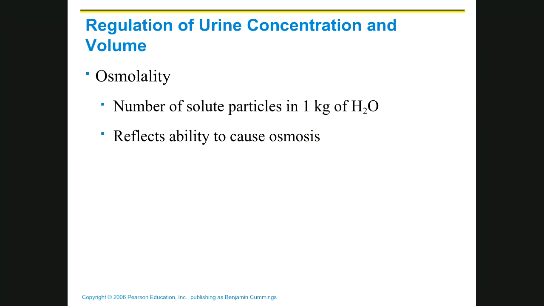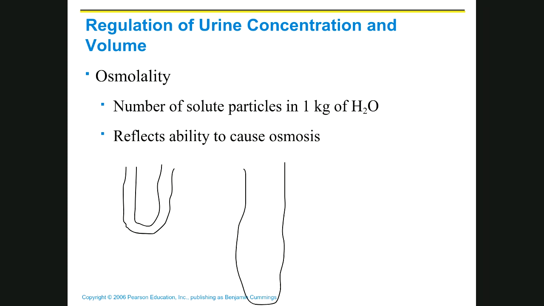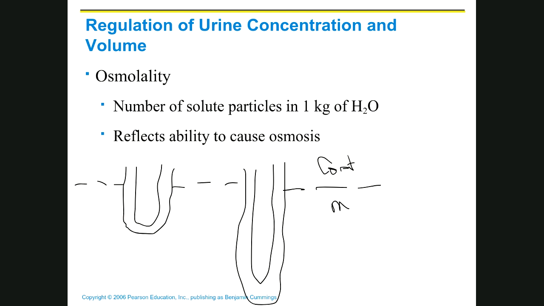We have the ones with the short loops of Henle, and then we have the ones with the long loops of Henle. They both hang down. Right here is the dividing line between the cortex and the medulla. So here's the cortex, here's the medulla.